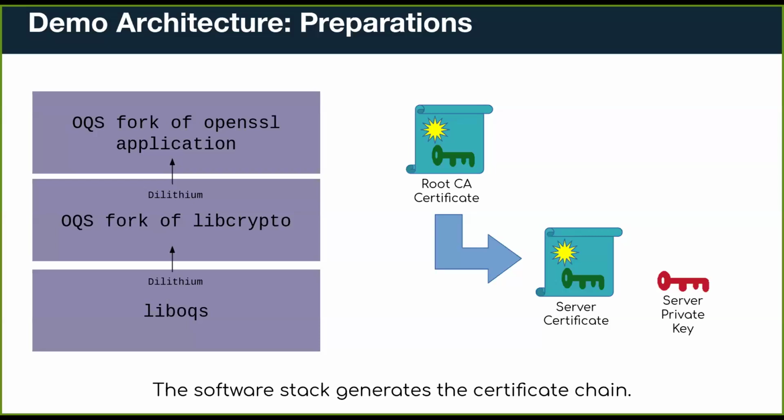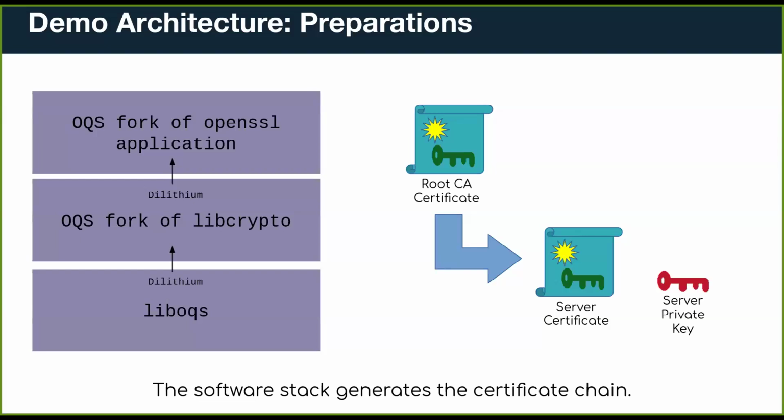Let's talk about how the demo is actually going to run. Before the demo starts, we're going to be doing some preparation. We're going to be having a certificate chain, and that certificate chain is going to be a very, very simple chain. There's going to be a root CA certificate, and that's going to sign a server certificate.